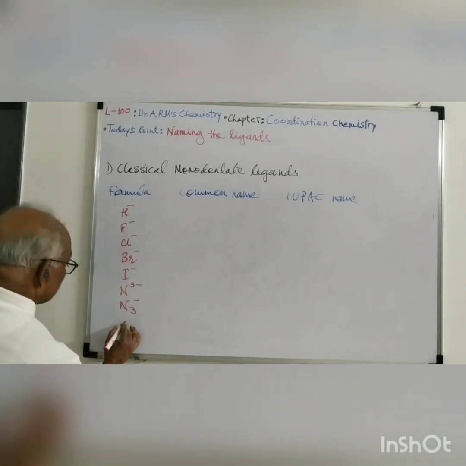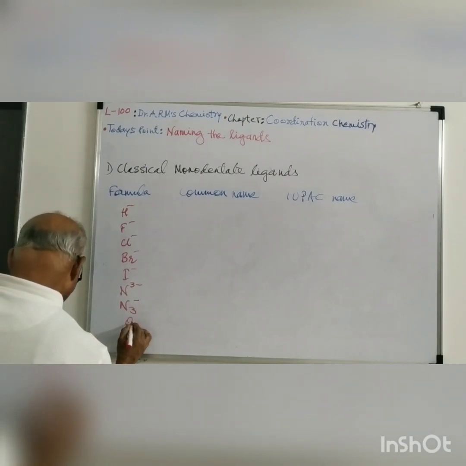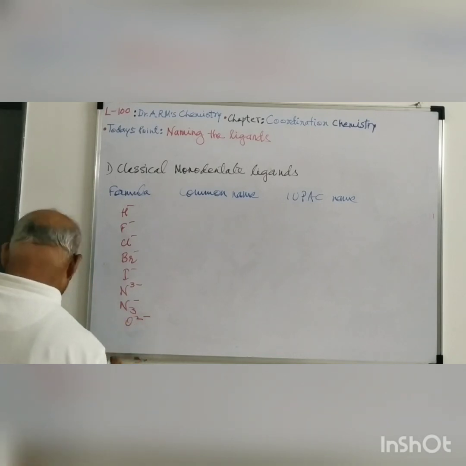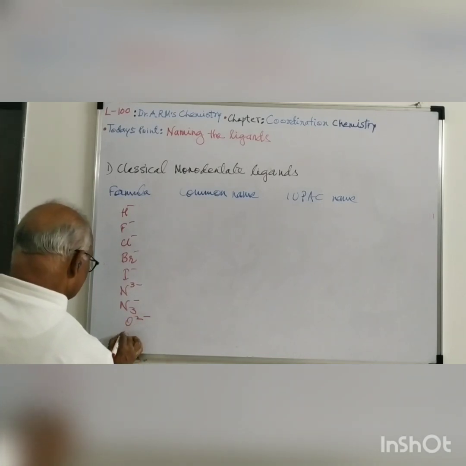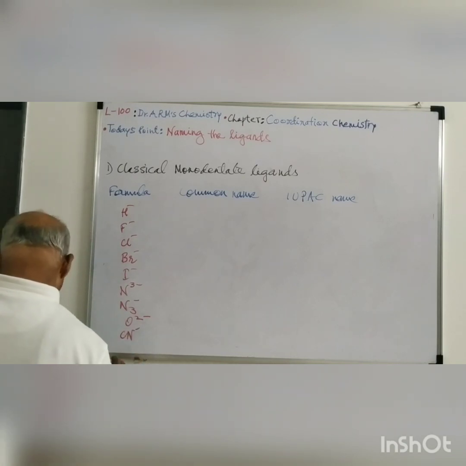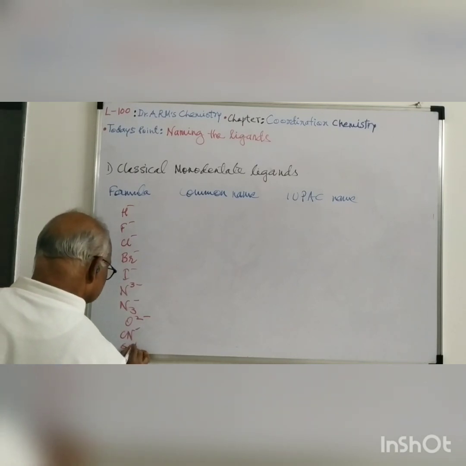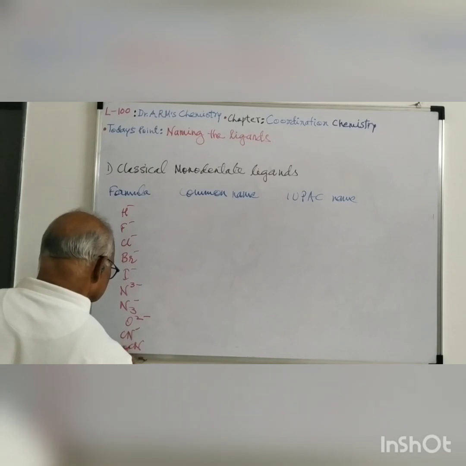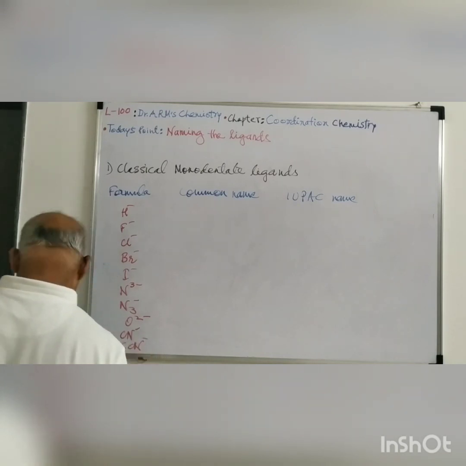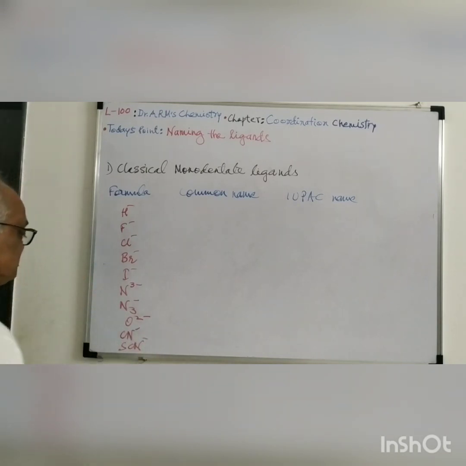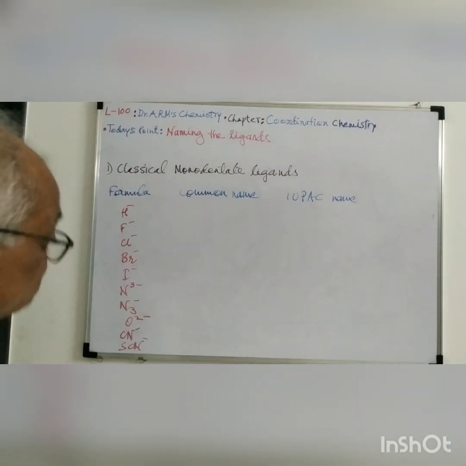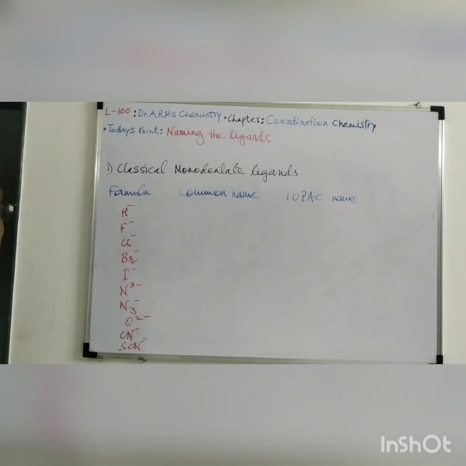Then another is O2 minus. Then we can have CN minus, SCN minus. So these are a few examples. We will see more ligands.